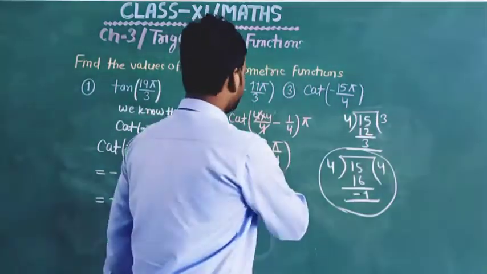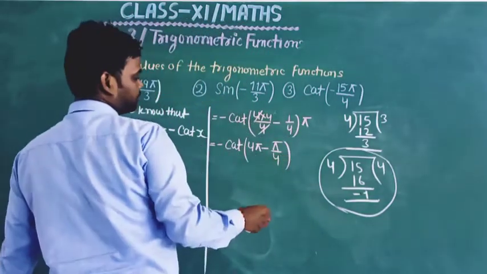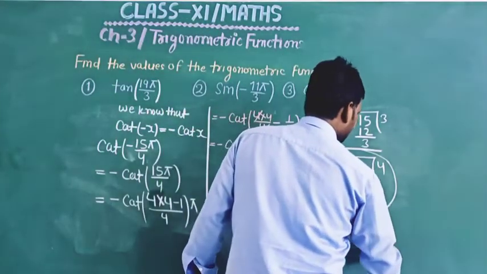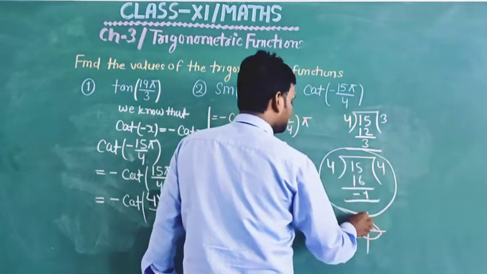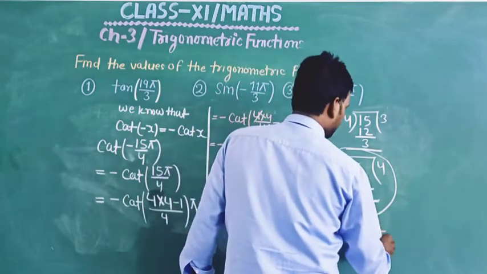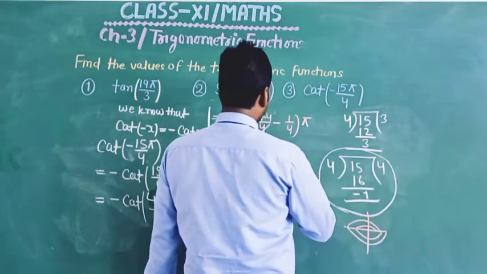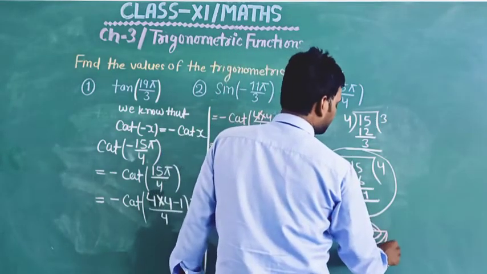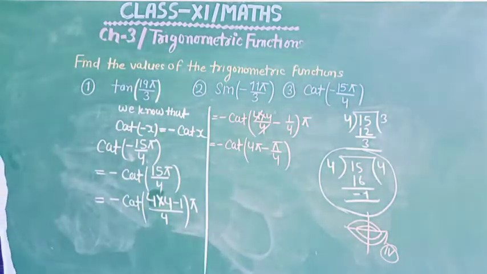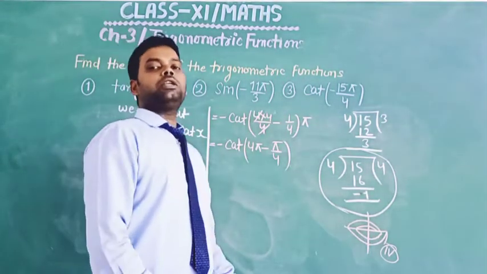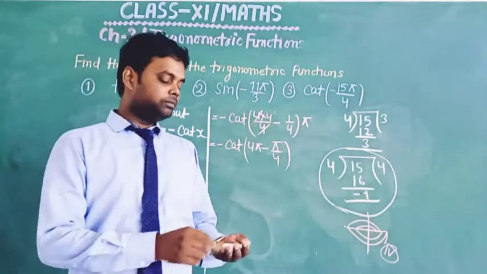Check which quadrant this lies in. So this is 1 pi, 2 pi, 3 pi, 4 pi, and minus pi by 4. So this lies in the fourth quadrant. In the fourth quadrant only tan and cot are positive and the remaining are negative.